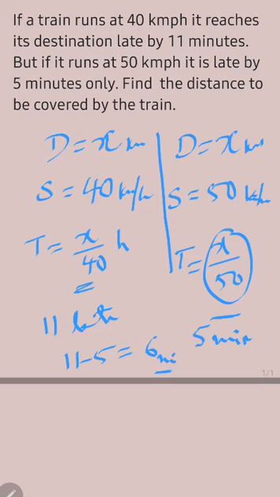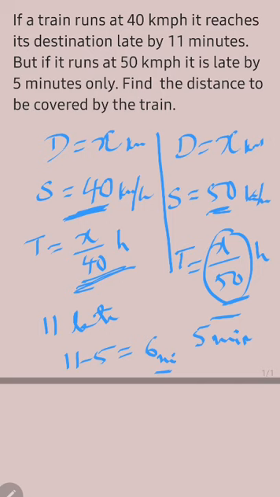But whatever we got, x by 40 and x by 50, those are in hours. So if the speed of the train is 40 kilometers per hour in one case and 50 in the other, which train is taking more time? The train that goes at 40 kilometers per hour, that means less speed, takes more time.